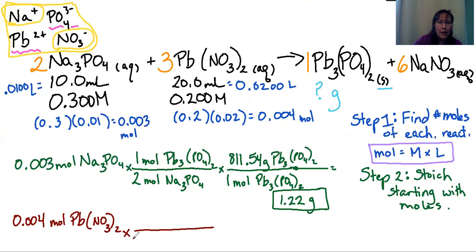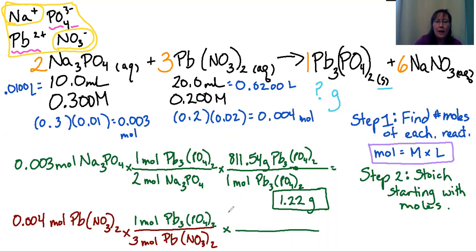So here I'll put in 3 moles of Pb(NO3)2 to 1 mole Pb3(PO4)2, times the molar mass, 811.54 grams. From here, it's exactly the same.